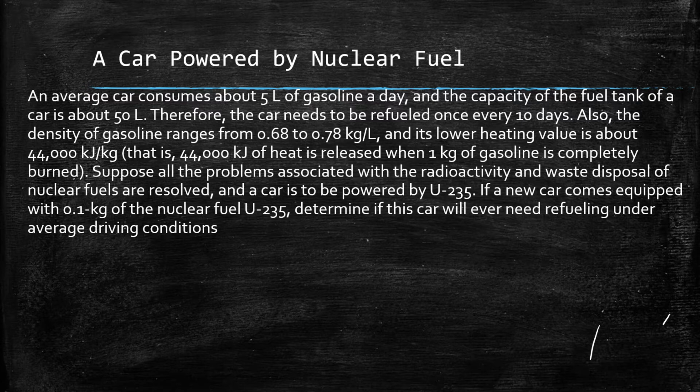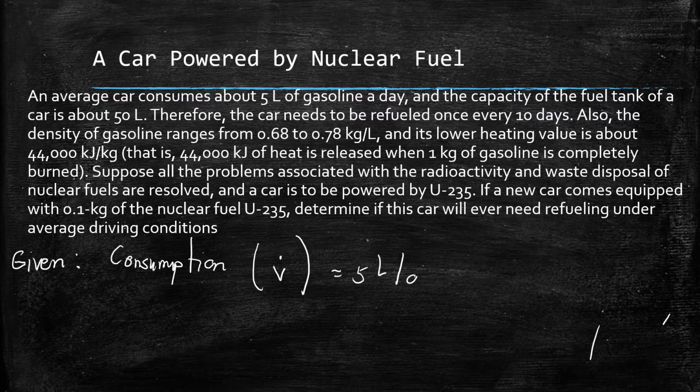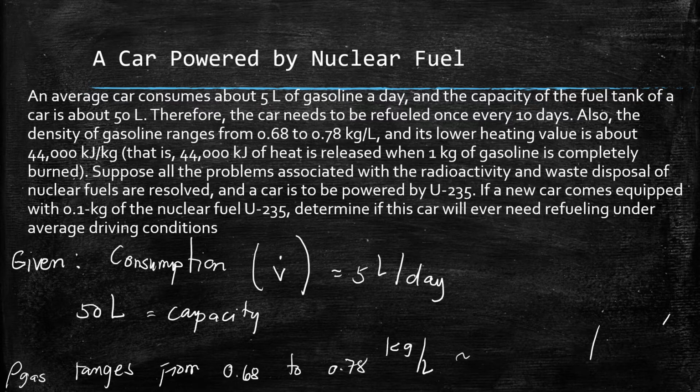So, for the given, the consumption, this is the volume rate, and this is equal to 5 liters per day. For the capacity of the fuel tank, it has 50 liters, and the density of the gasoline ranges from 0.68 to 0.78 kilograms per liter, and since this is an incombustible substance, we can take 0.75 kilograms per liter as the average density of the gasoline.